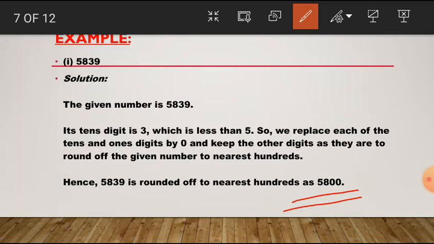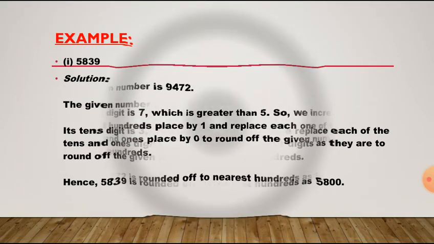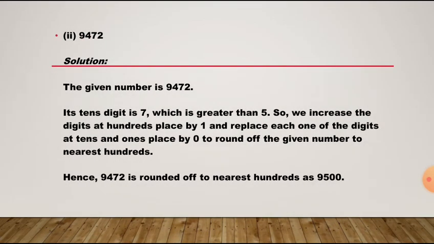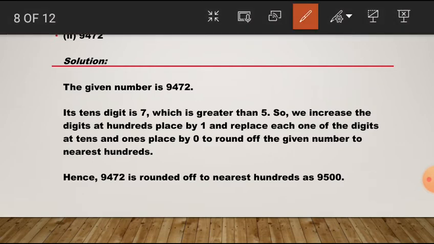Okay. Now, next example. Here the number is 9472. So, to round off to the nearest hundreds, look at the digit at tens place. Here the tens place digit is 7. It is greater than 5. So, we have to follow the second rule. First, you change the digits 7 and 2 by 0.